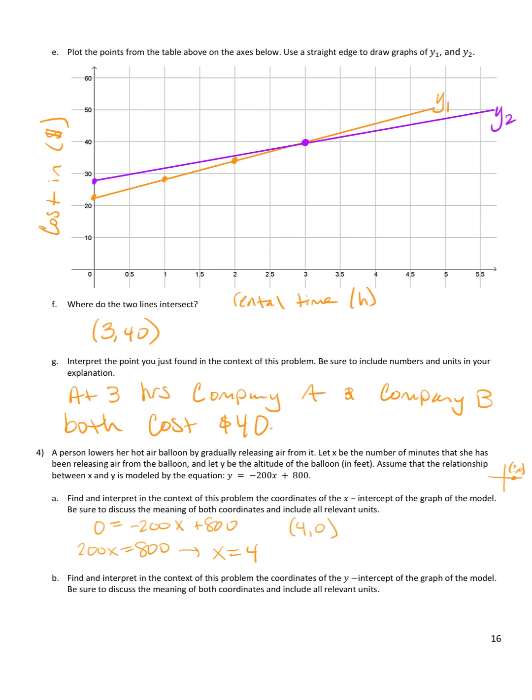And it means that when x is 4, and x is minutes that she's been releasing air from the balloon, that means that after 4 minutes of releasing air, the y-coordinate is 0, and the y-coordinate is her altitude. So if her altitude is 0, she's on the ground. She lands the balloon.